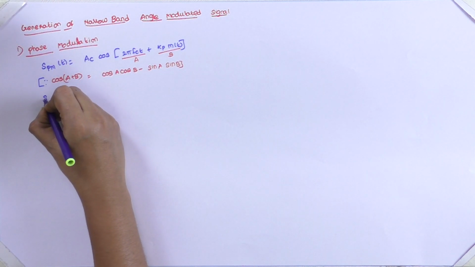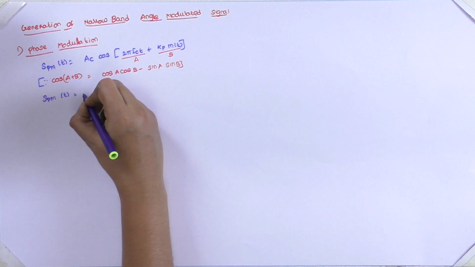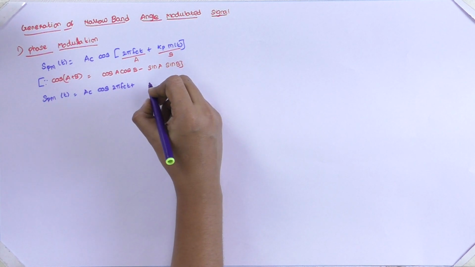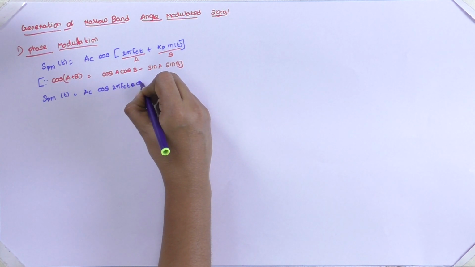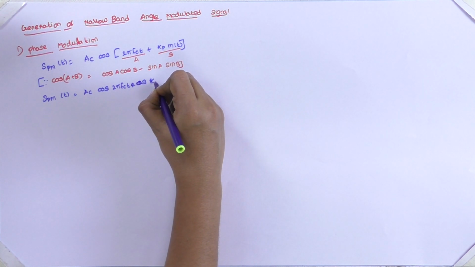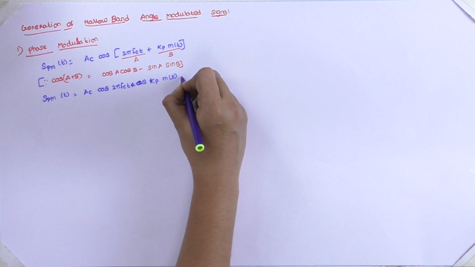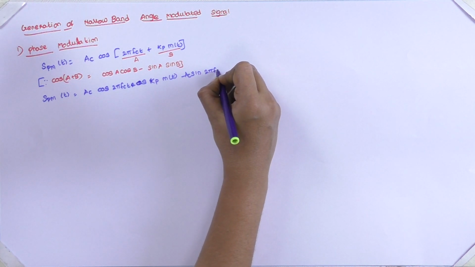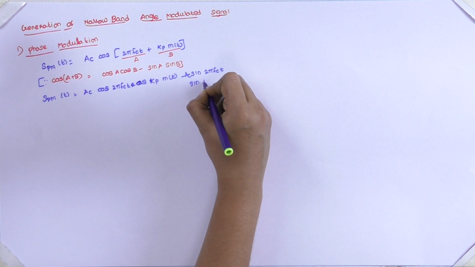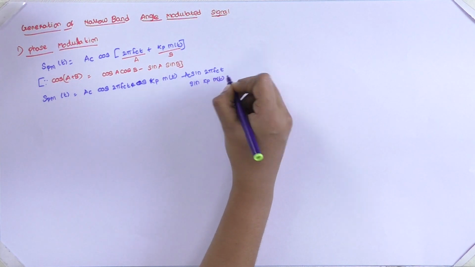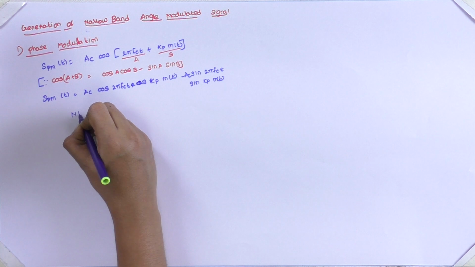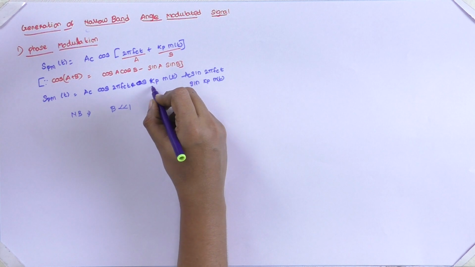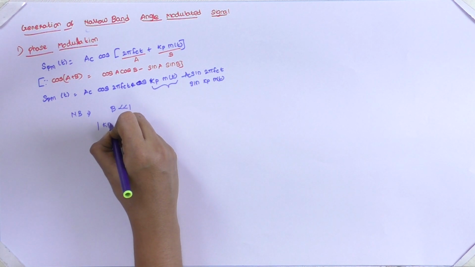Therefore, rewriting this equation, S PM of t is equal to Ac cos 2 pi fct cos kp m of t minus sin 2 pi fct sin of kp m of t. Since we have taken narrow band, we know the modulation index beta will be less than 1. That is, kp m of t will be less than 1.